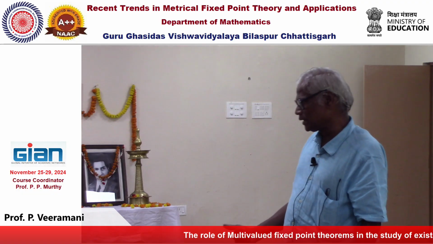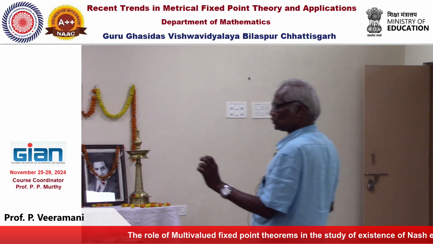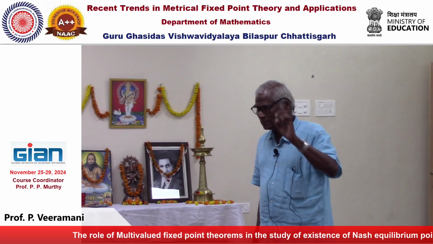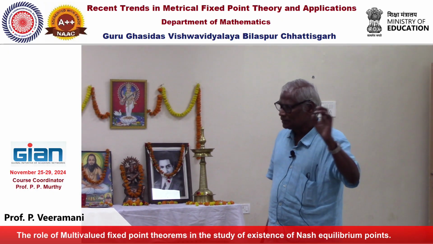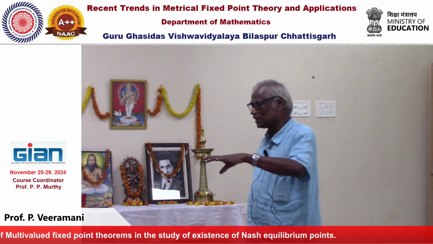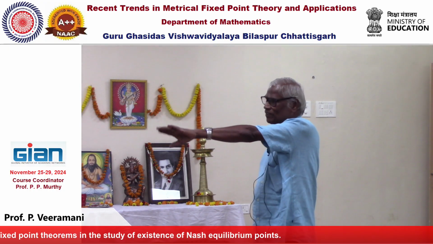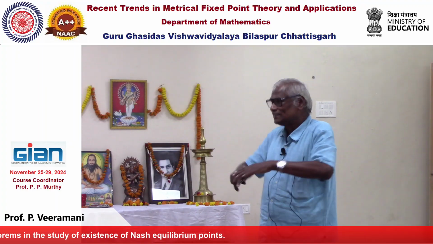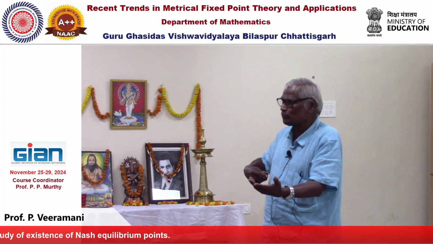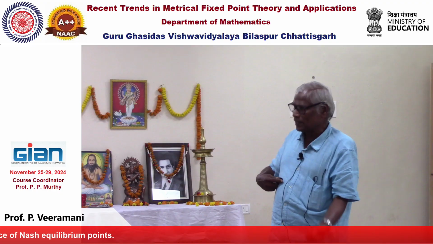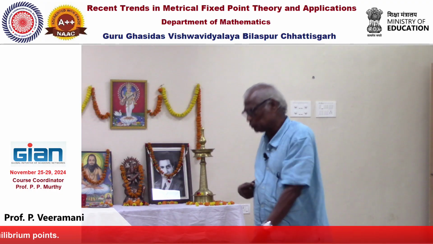Our requirement is to find an element Z in the domain such that Z belongs to T of Z. Then that Z will give maximum profit for player 1 as well as player 2.